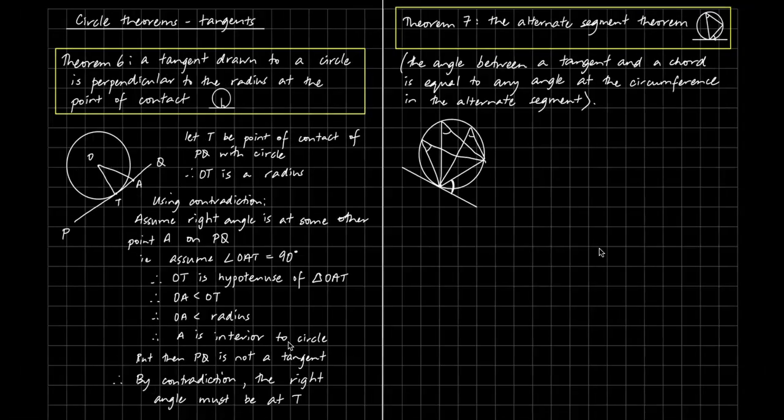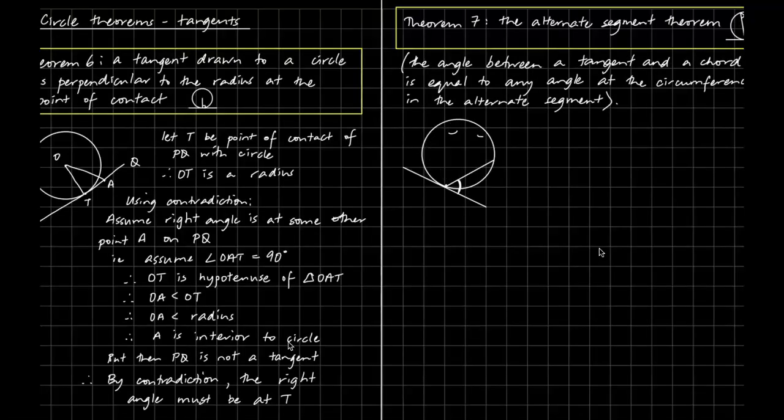As long as we can show that the angle between the tangent and the chord is equal to one of those, we've actually shown that it's equal to any of them, and that's by the one that we called theorem 3.